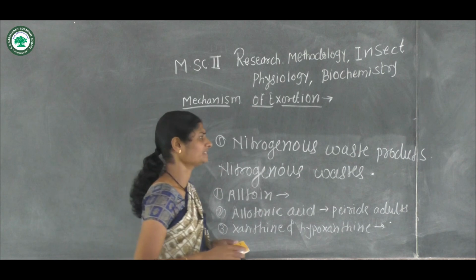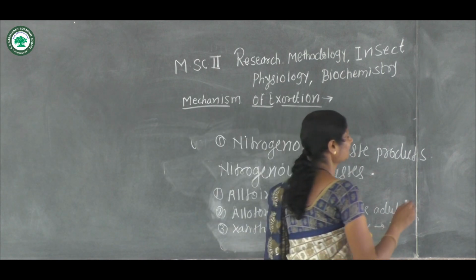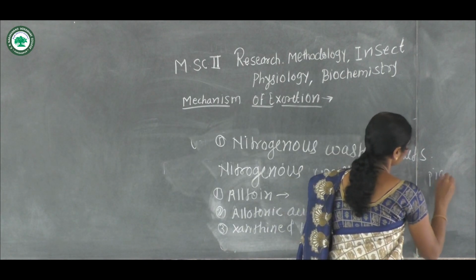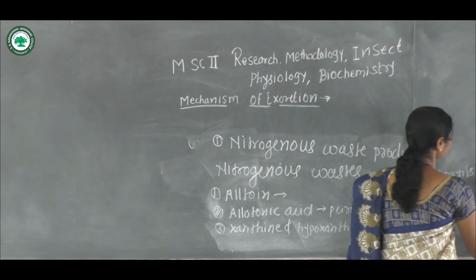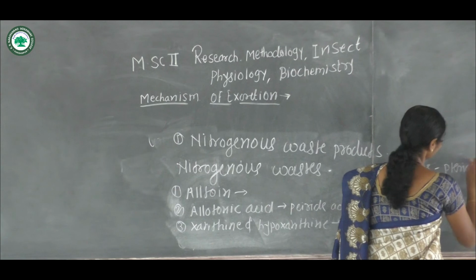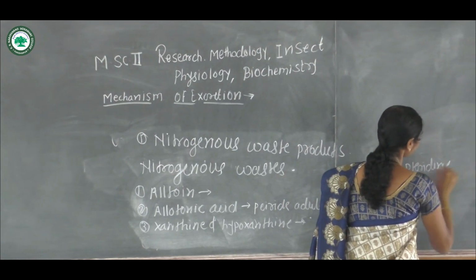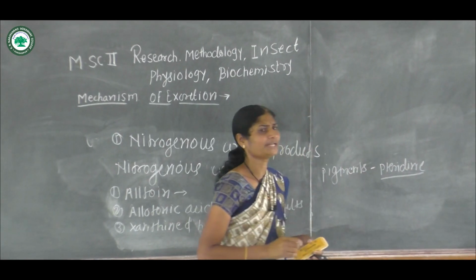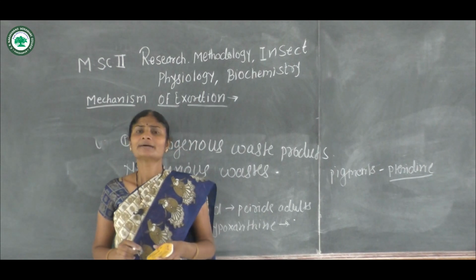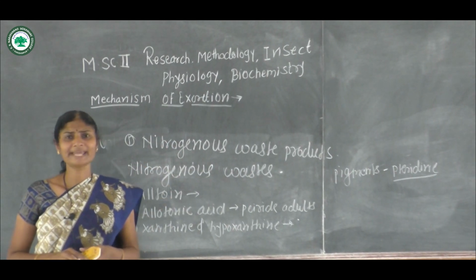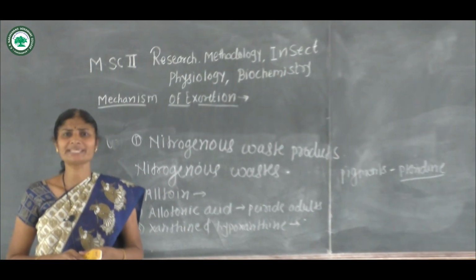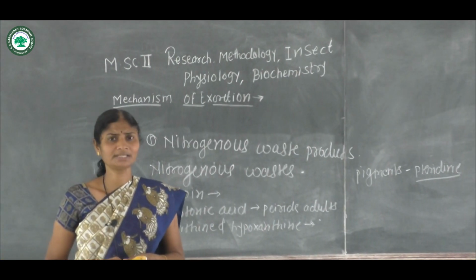Last point is pigments in insects. Pteridine is a commonly occurring pigment. They occur in very small quantity.